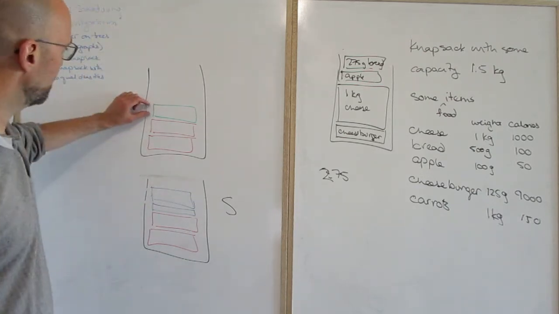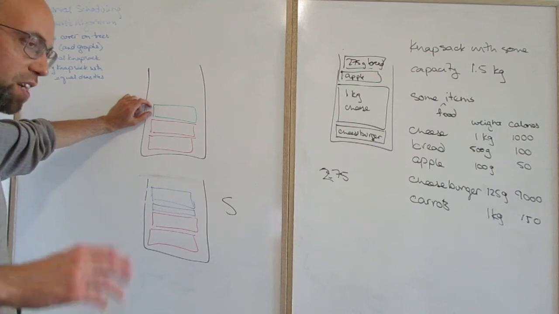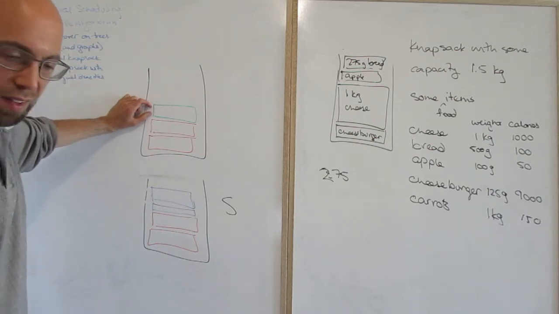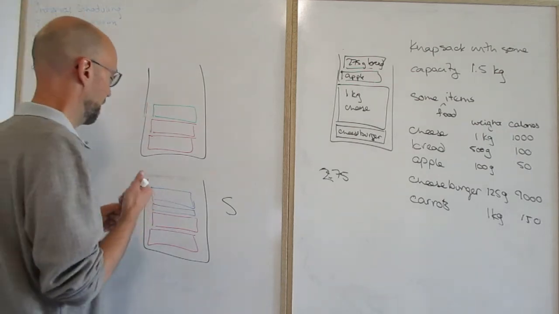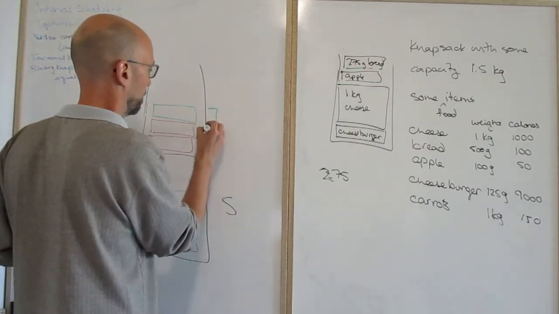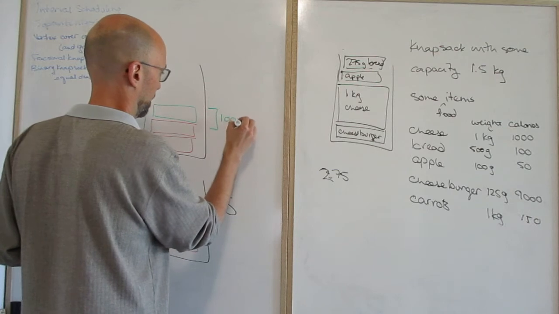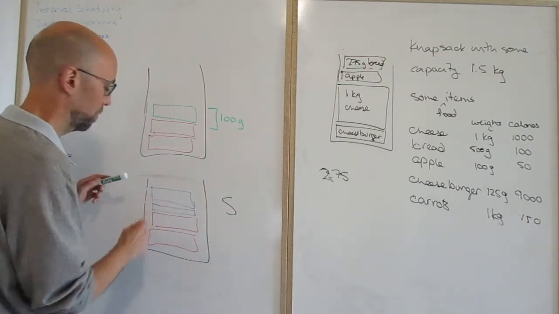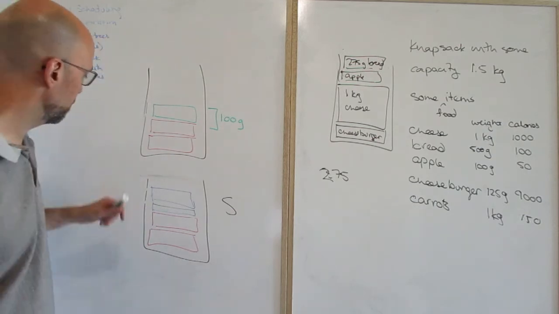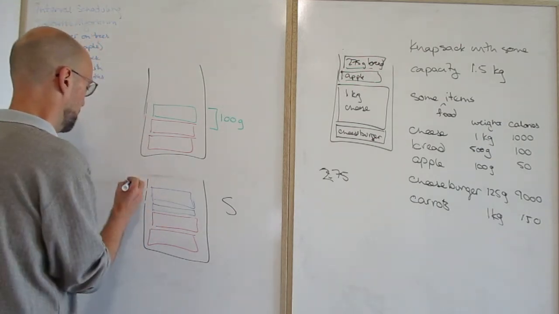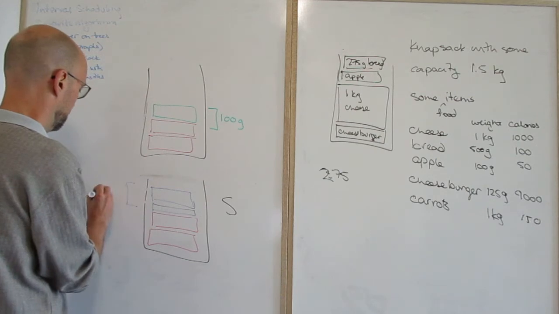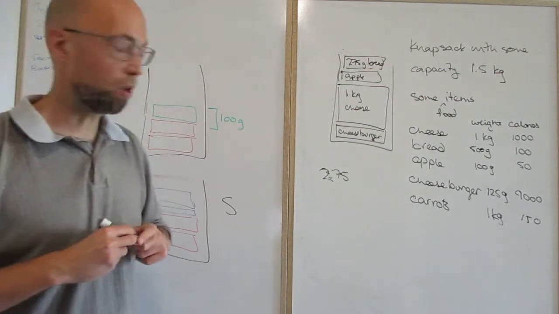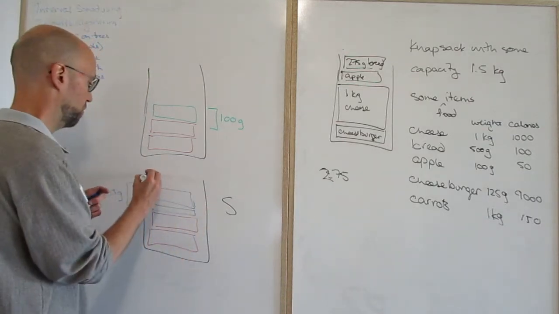Well, we're going to take this, which S didn't take, and let's say that this is 100 grams. And now this blue thing could be 100 and 200 grams. We're not going to throw all, and then it's got some other stuff on top.